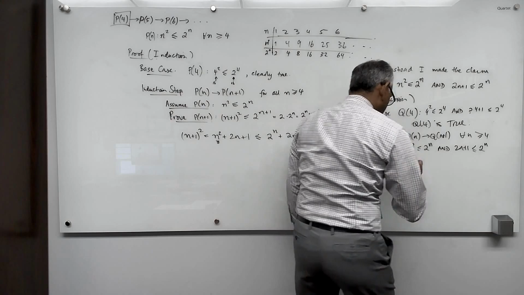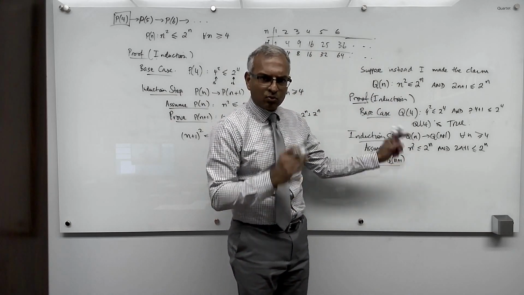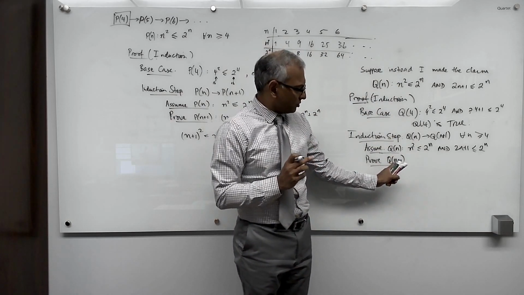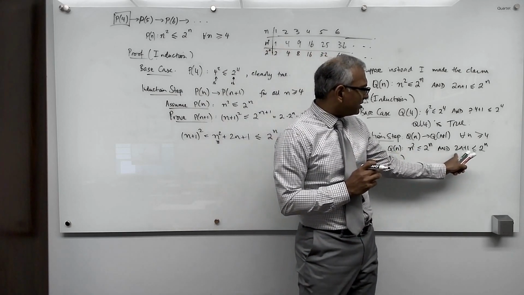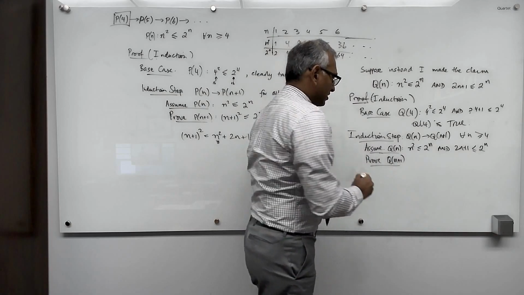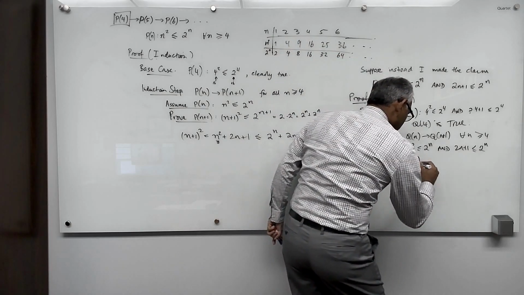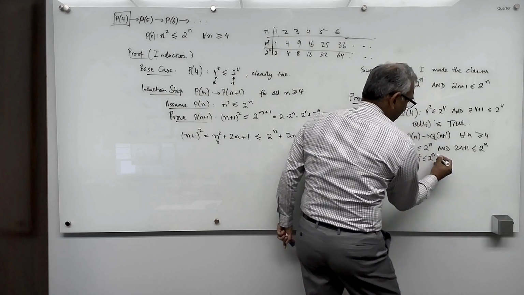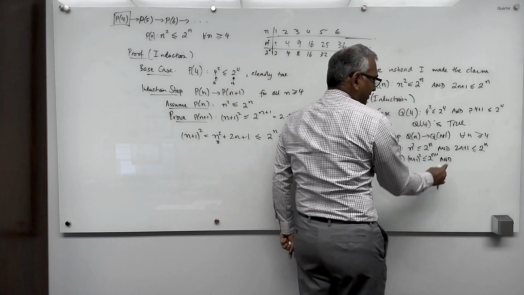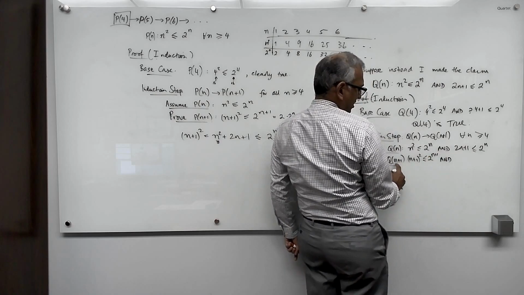And this is where I said that you need to be careful when you write down what is the claim Q of n plus 1. So you need to substitute n plus 1 for n in every instance of n here. So this is the claim, n plus 1 squared is less equal to 2 to the n, and 2 to the n plus 1, and now I have to replace this n here by n plus 1.